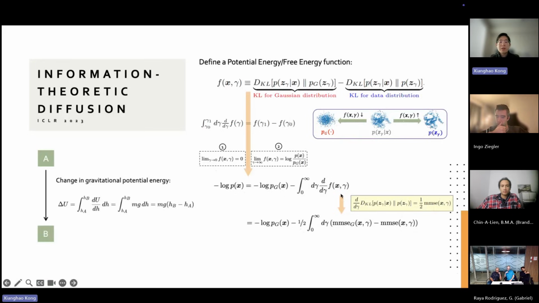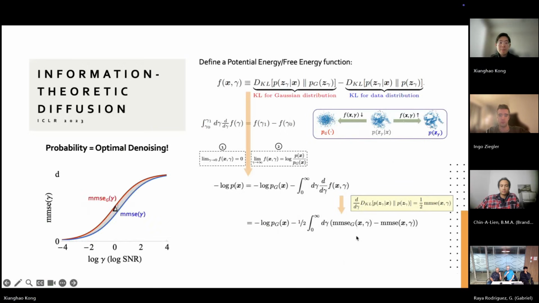From this formula, you can see the negative log likelihood is the negative log of the likelihood of a Gaussian channel, which is a prior because we can calculate it specifically, plus an integral over the difference of the Gaussian's MMSE and the data's MMSE.